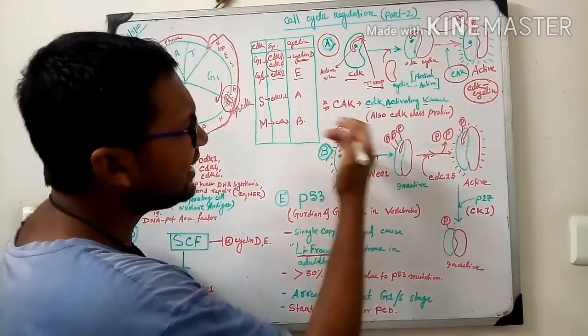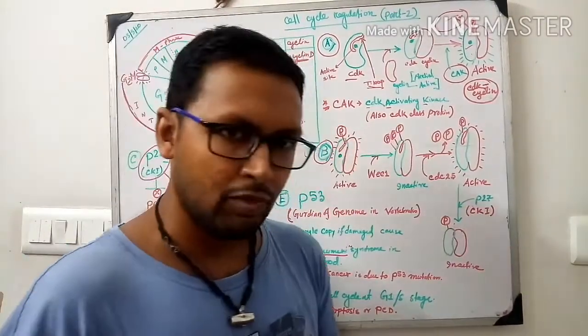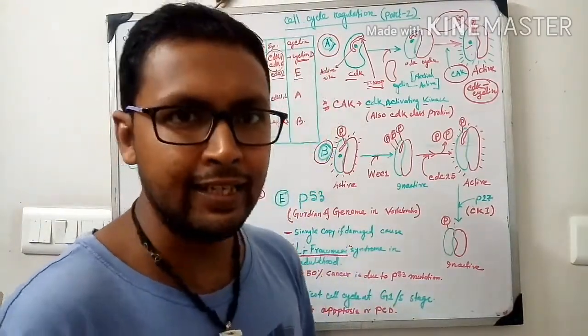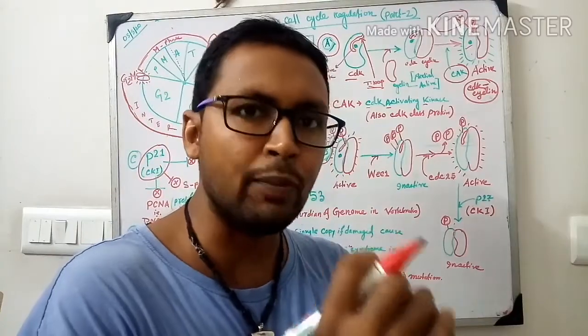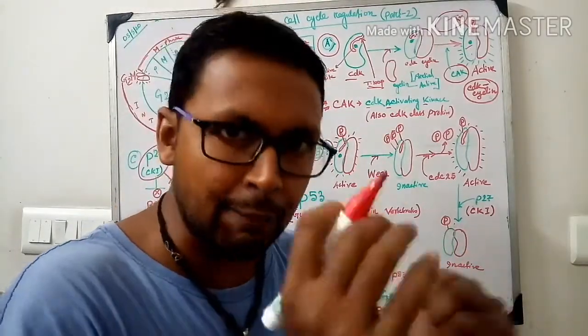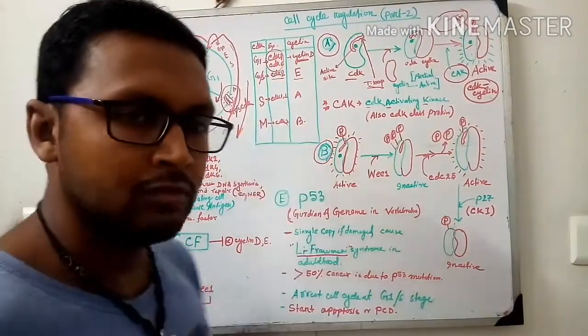In the next stage we will see the inhibitors of cyclin-CDK. Cyclin-CDK partners have many inhibitors. When cyclin and CDK perform together, the cell cycle runs continuously.